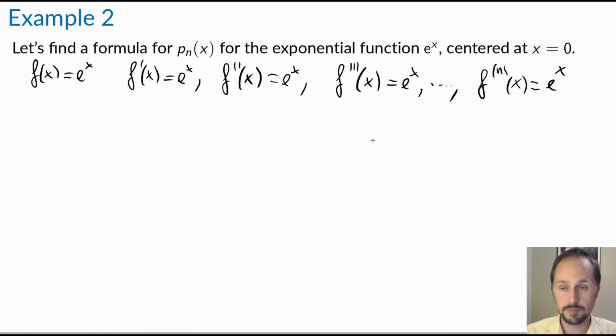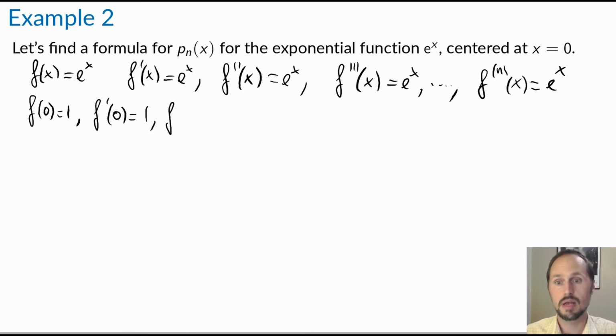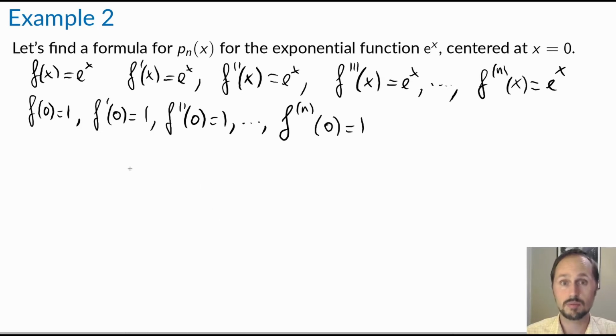Super simple example. So now at 0, we have f of 0 is 1. F prime of 0, well, that's just e to the 0, that's 1. F double prime of 0 is 1, so on and so forth. And all these derivatives at 0 are going to be equal to 1.